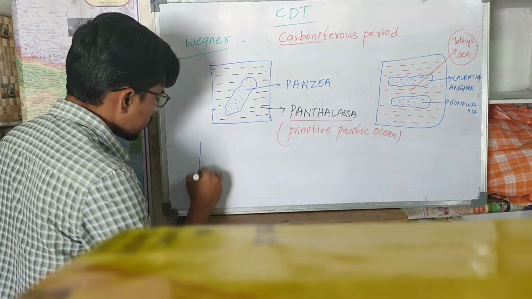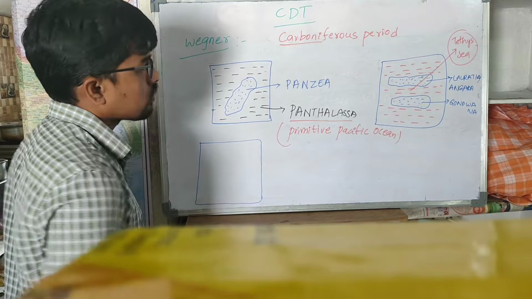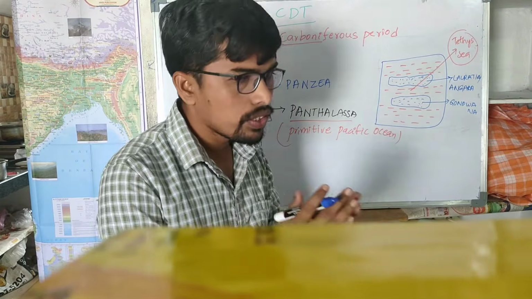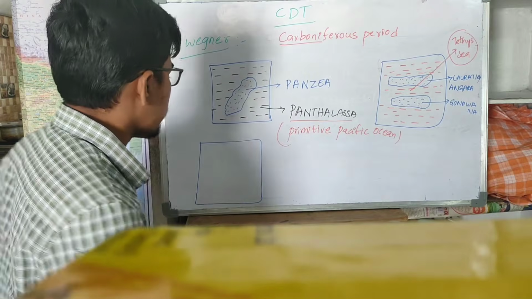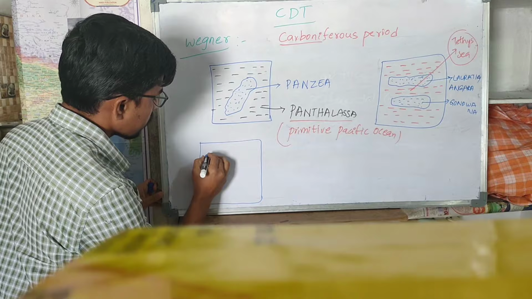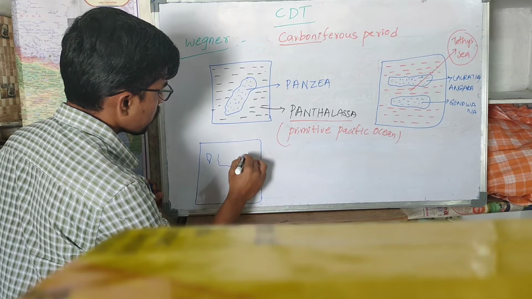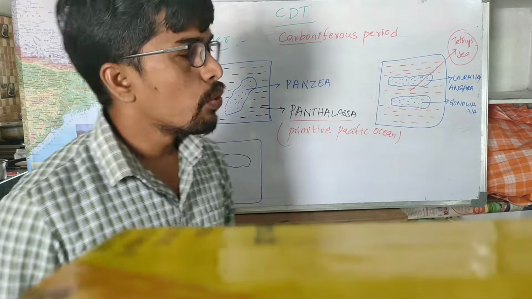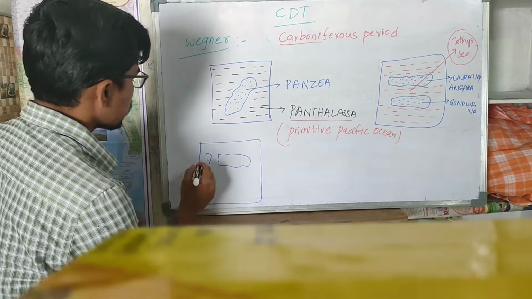Then in the next phase, after the forming of Laurasia and Gondwana, Laurasia again broke into two landmasses.